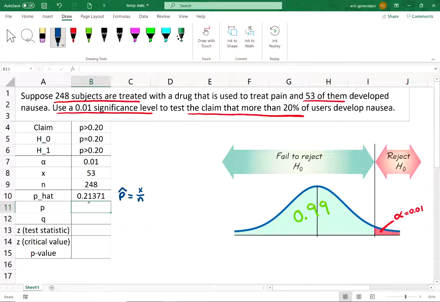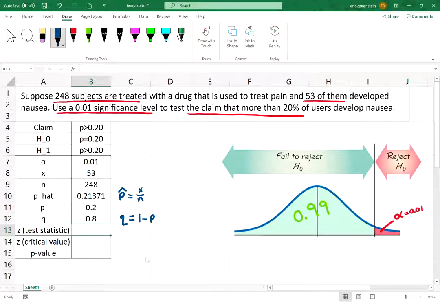The sample proportion is a little higher than that, 0.2137, something. Okay, so I'll go down here for P, that's the 0.20. And Q, well, Q is the complement of P, so Q is 1 minus P. So let's say equal 1 minus, click on the P, so 1 minus P. Okay, so now we have P, we have Q, we have P hat.